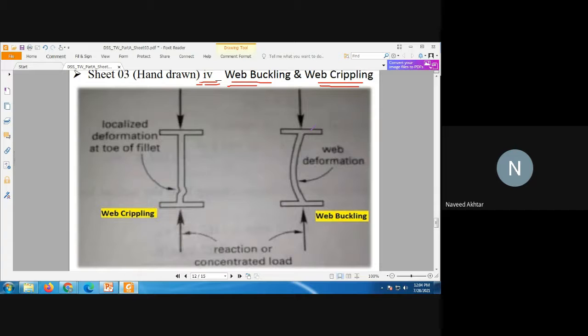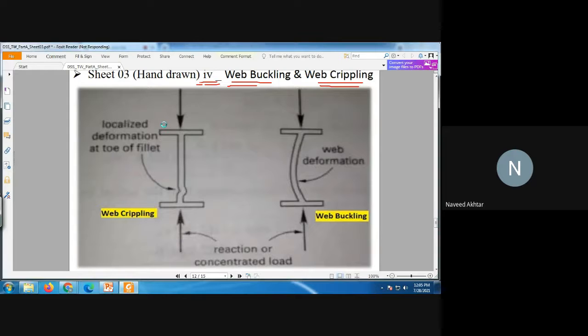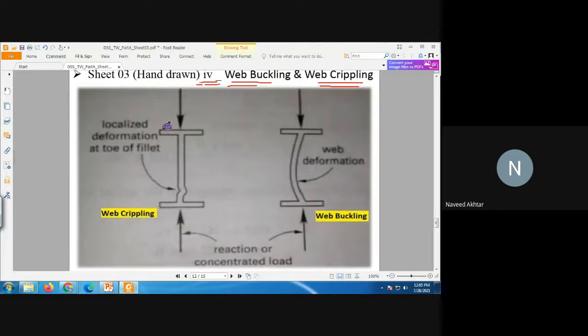So here in this figure, you can see this one is the I-section. And here you can see the section is crippled at this place.